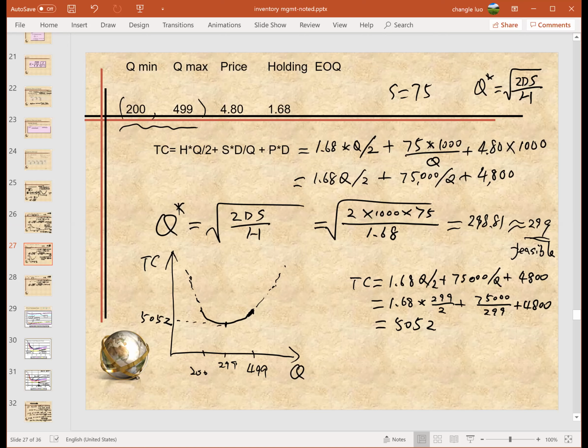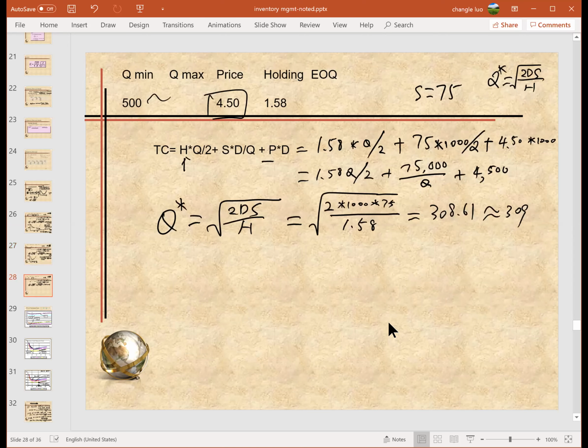Okay, we do the same thing for the quantity that is bigger than 500. So for the quantity that is bigger than 500, we have the Q equals to 309. And if we look at it, our curve looks like this. Again, it's always like this, right? But it's not really like this, because before 500, it's dashed line.